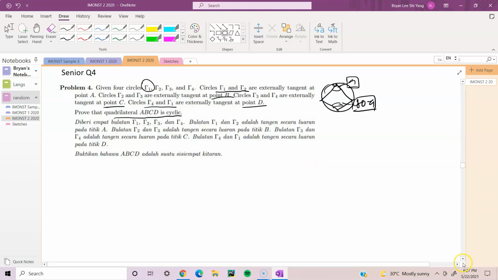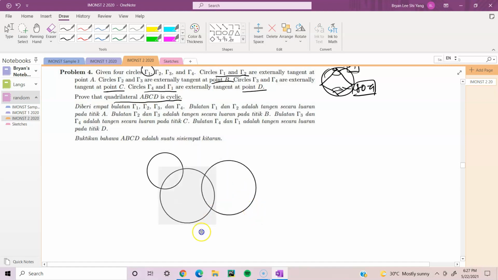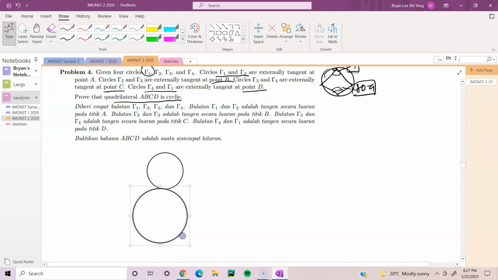So let's move down a little bit. This is our circle 1, gamma 1. Then we will have a gamma 2, a bigger one, somewhere down here. Then this is the third one, a bit bigger again.